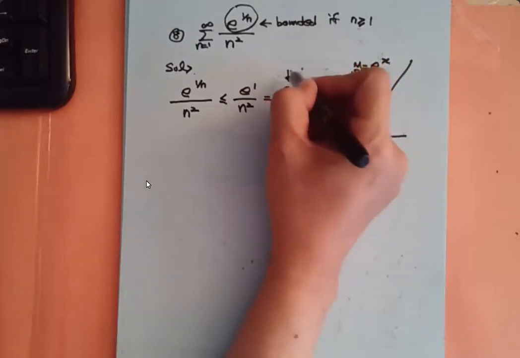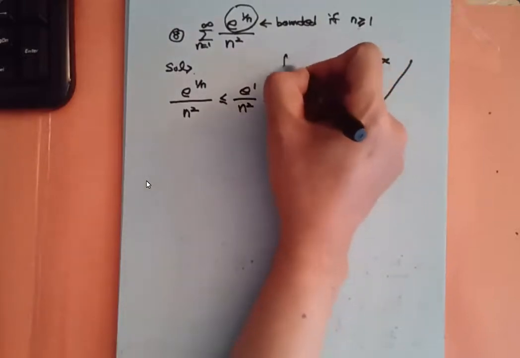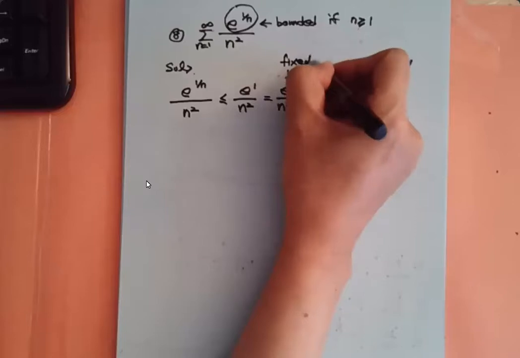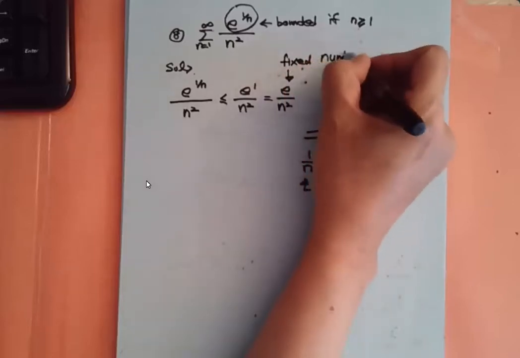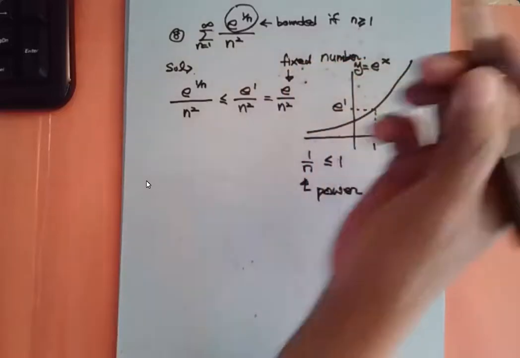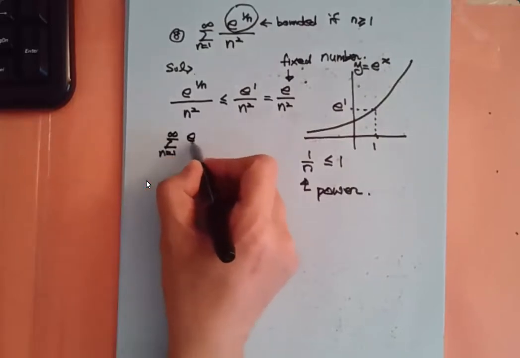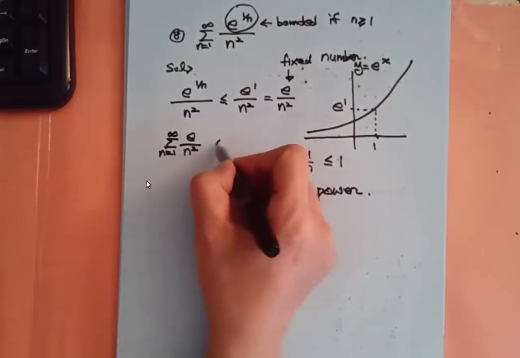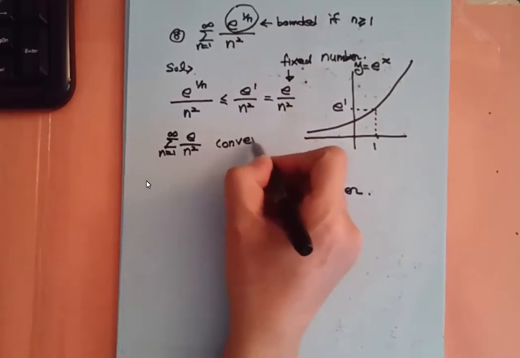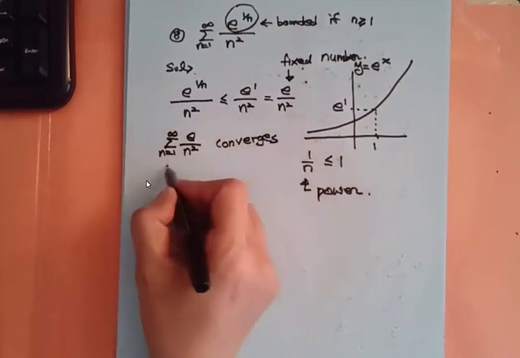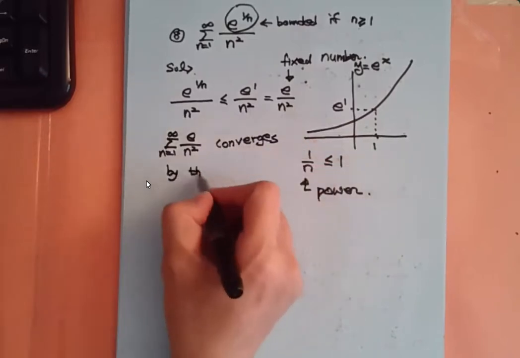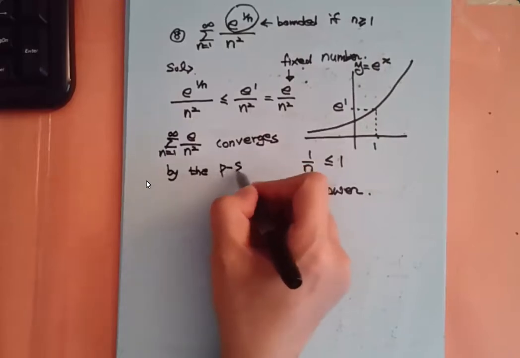And what we observe here is e is a fixed number. So the summation from n equals 1 to infinity of e over n squared converges by the p-series test.